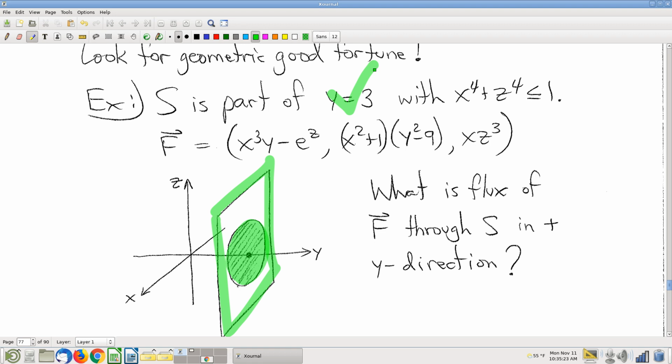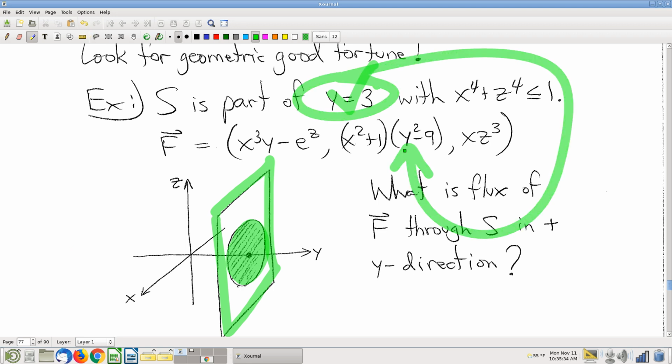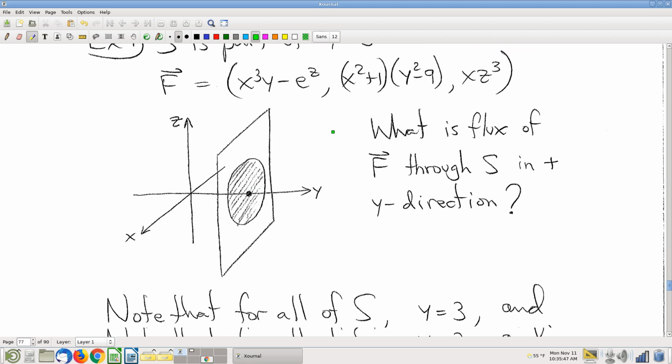And I don't really care what the vector field's doing over there; I'm looking at the flux here. If y is 3, notice that means the second coordinate of your vector field is 0, so you can just go ahead and replace that with 0. Boom, first thing. Very nice. So be on the lookout for that.